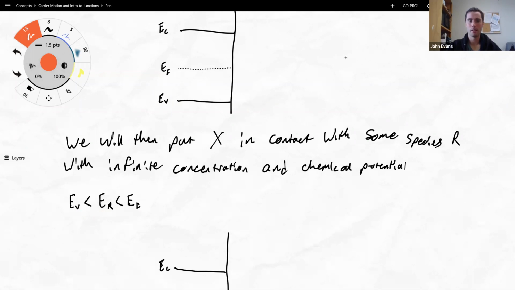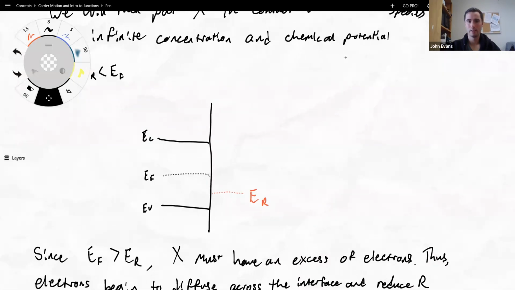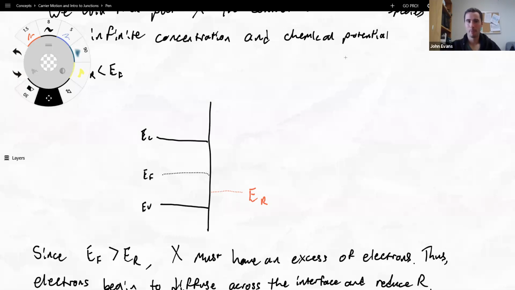So ER, the energy of R, is going to be between the valence band and the Fermi level. Or graphically, it'll look like this. All right, so now we have our E of R that is in contact with our semiconductor. Notice that it's actually touching the interface there.